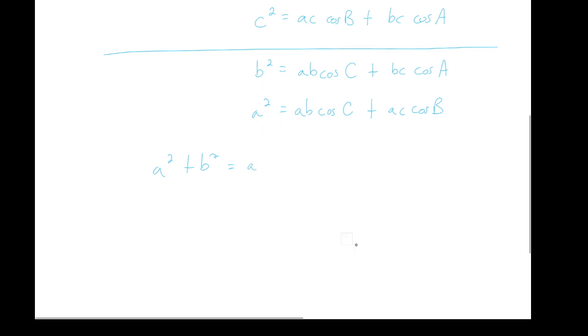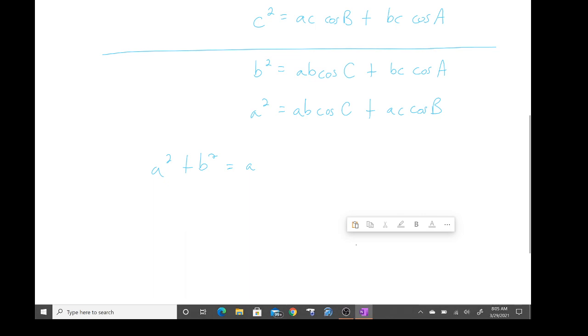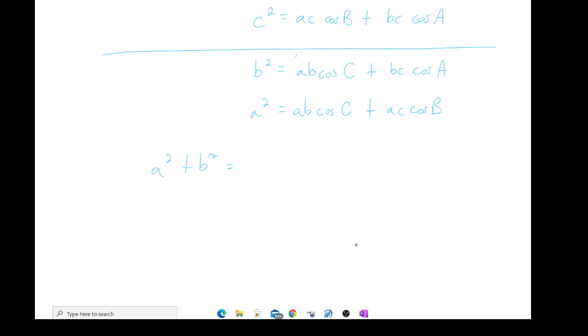So it's going to be AB, there's two of these, so it's going to be 2AB times the cosine of C plus BC times the cosine of A plus AC times the cosine of B. You get the sum of all of those terms.